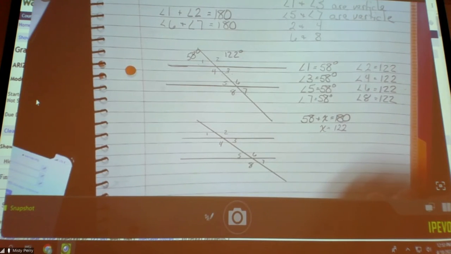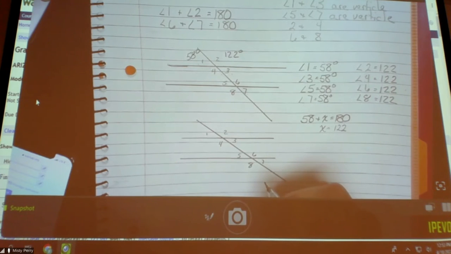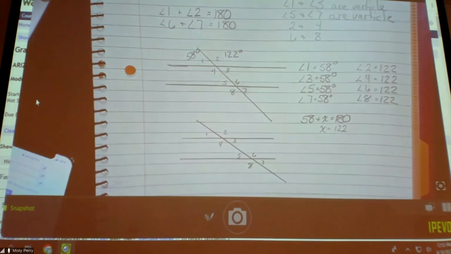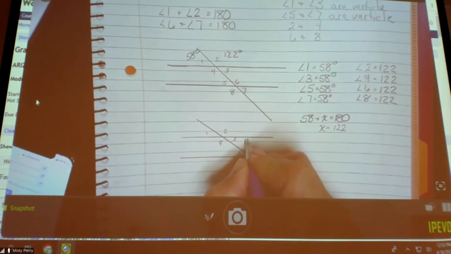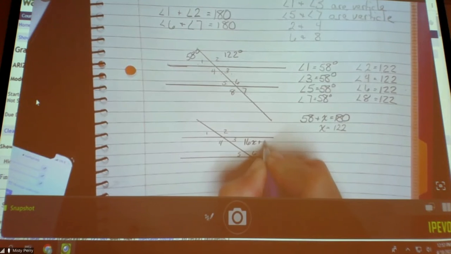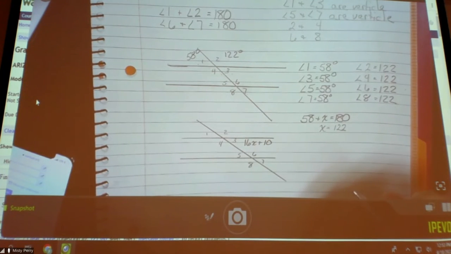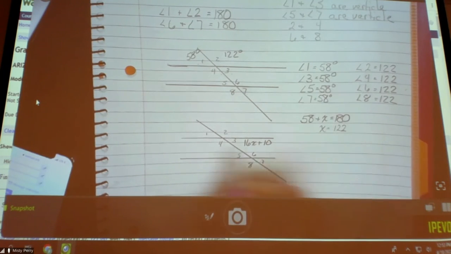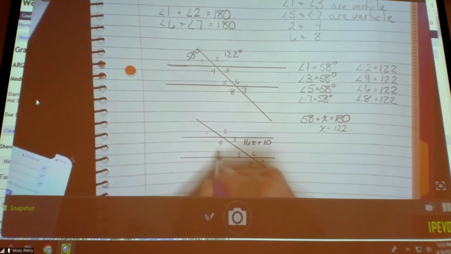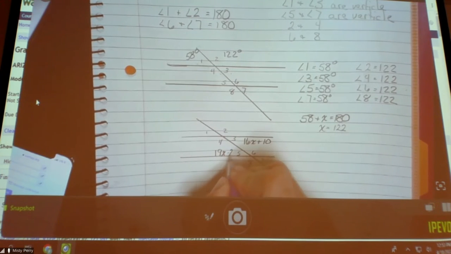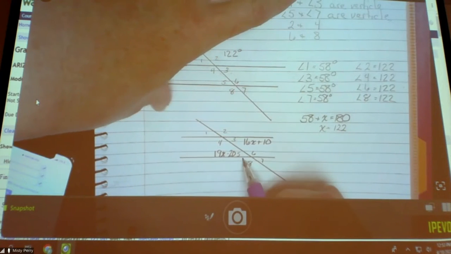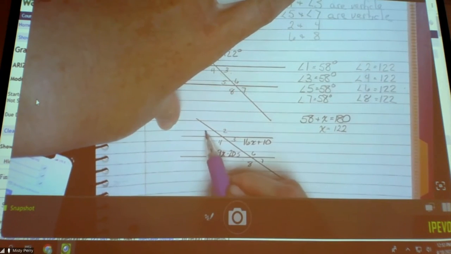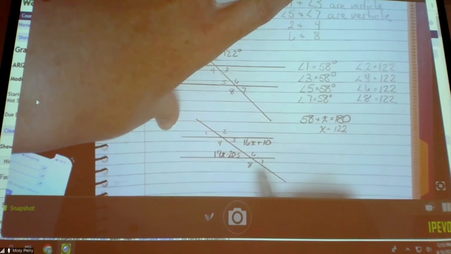It says angle 3 is 16x plus 10. And it says angle 5 is 19x minus 20. Okay, I know that 3 and 5 are equal, because 1 and 3, 5 and 7, all the small ones are going to be equal.